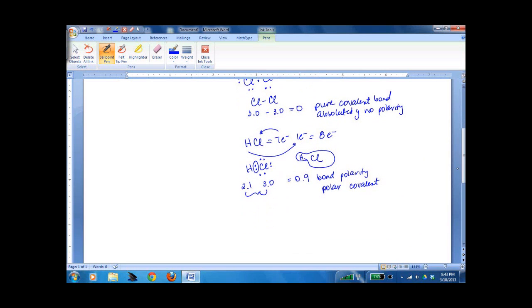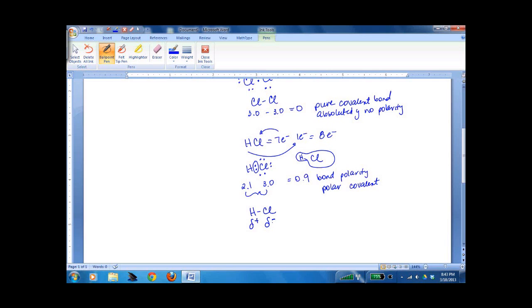Now, some other things we can say about this. There's a polarity here. We can also look at partial positive and partial negative. There are going to be these partial charges, these effective charges, because those electrons are being pulled more by the chlorine, so it has a negative charge. The atom that can become an anion usually has the partial negative charge.